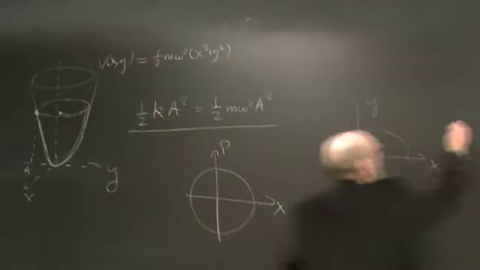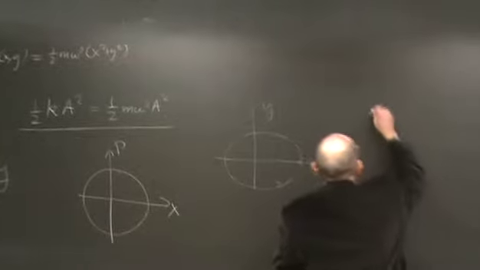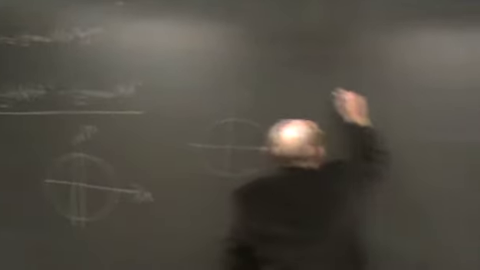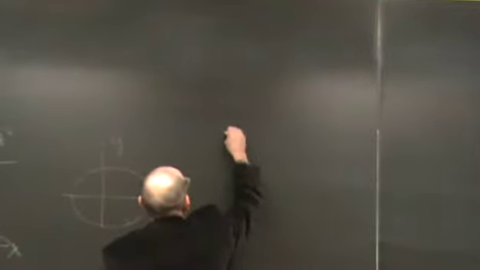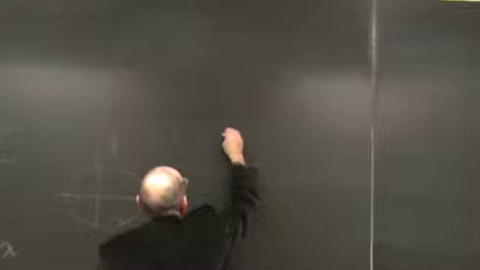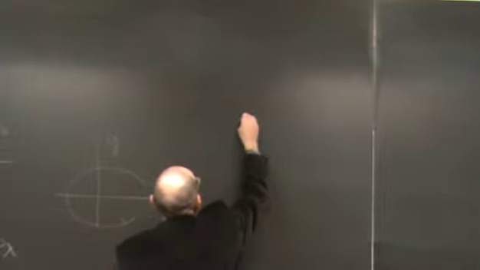For example, suppose I have a trajectory, so suppose at t equals 0, let's consider the following trajectory.